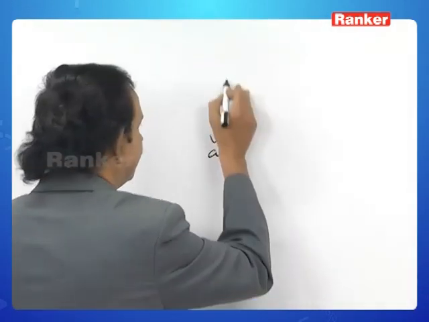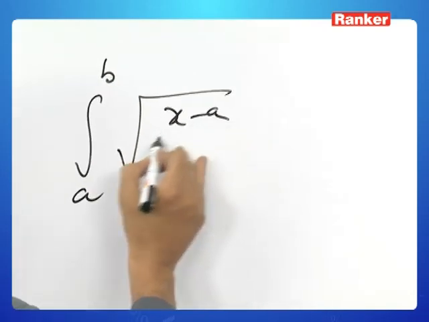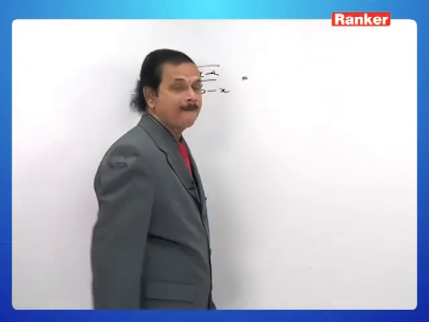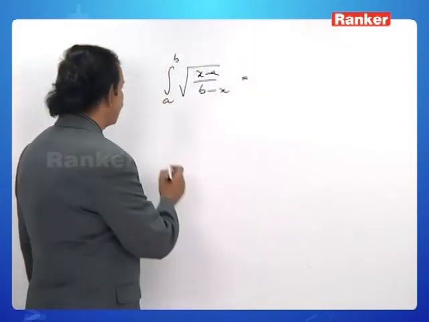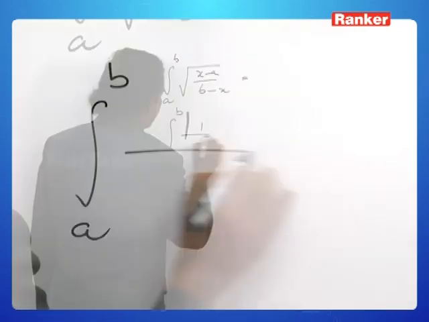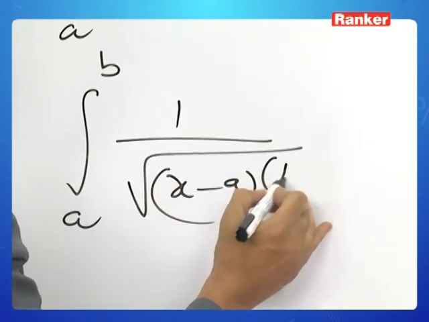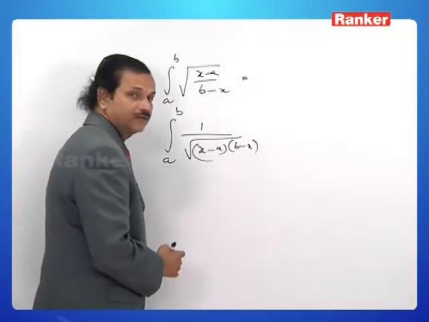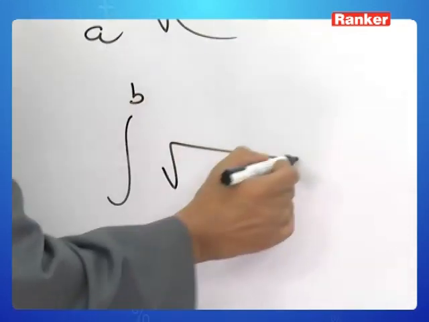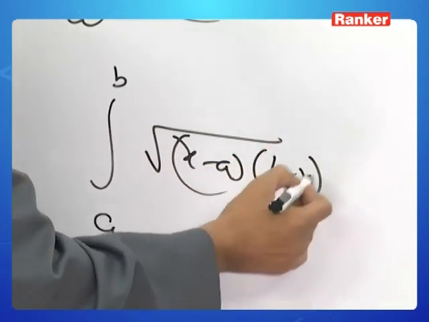Integral a to b of the square root of (x minus a) by (b minus x). Integral a to b of 1 by root of (x minus a) into (b minus x). Integral a to b of root of (x minus a) into (b minus x) dx.